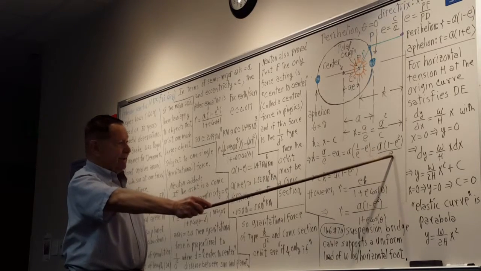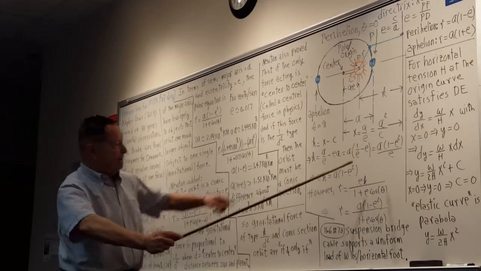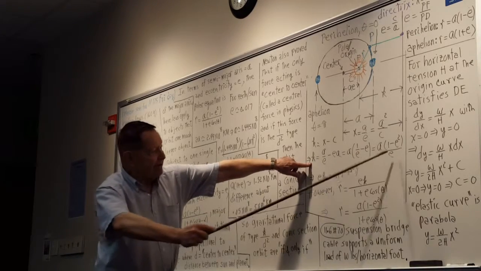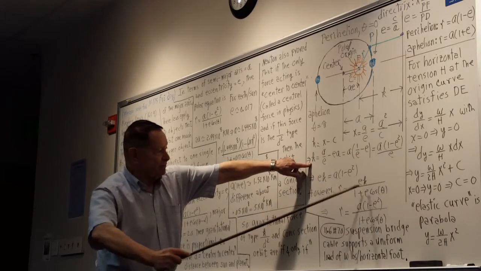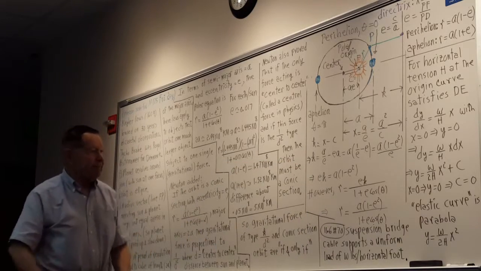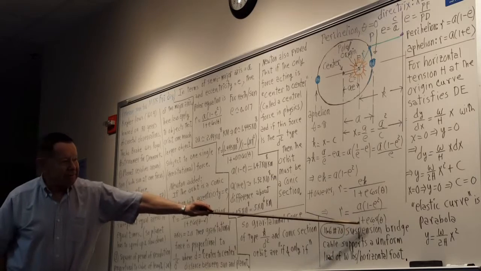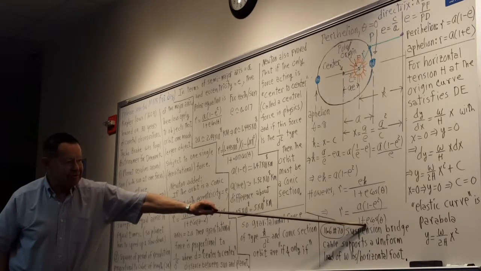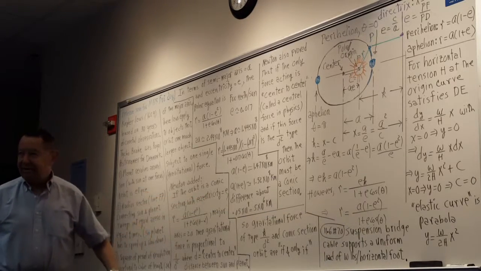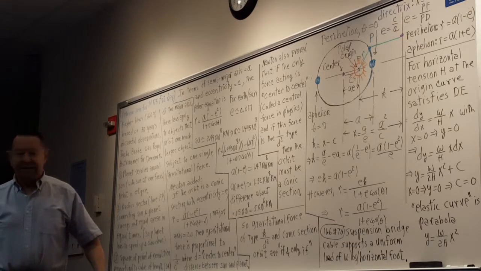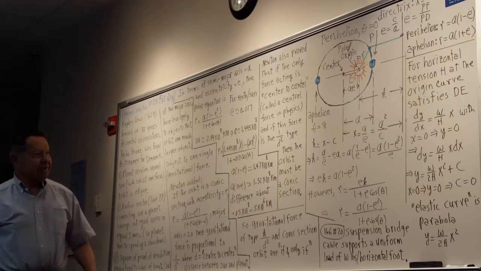So that E times K then, multiplied by E there and there, is A times 1 minus E squared. So for work with astronomy, you tend to work with the eccentricity and the A value, and not really with the directrix itself.